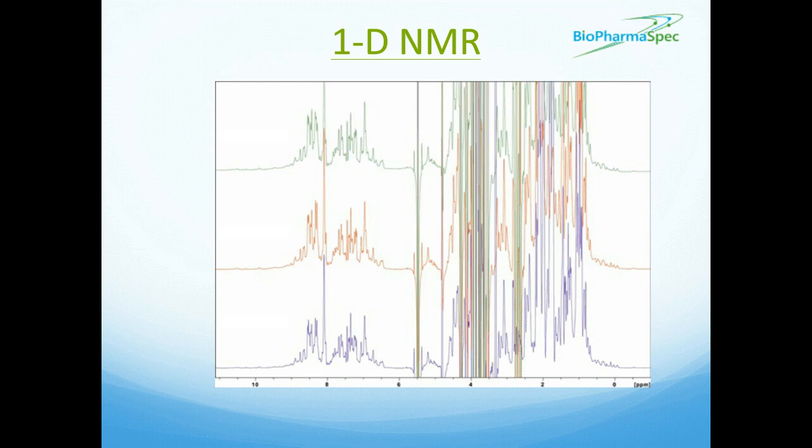So let's start off with NMR. As you can see here, this is an image of 3 sets of data of a 1D proton NMR study, which is 1 biosimilar and 2 RMPs. The spectra produced are quite complex.